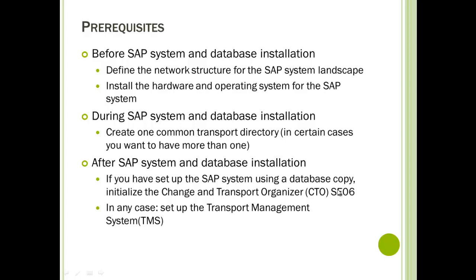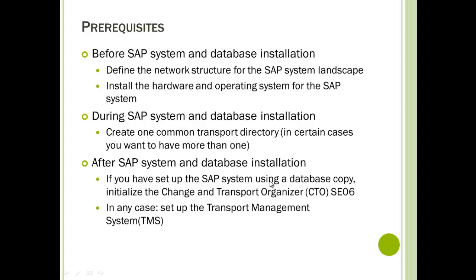The option is basically that you can initialize the change transport organizer. You can initialize the TMS system, meaning to say, let's say you copied the SAP system from one SAP system to another SAP system. So the configuration of STMS can be different from one landscape to another, or you are making a copy of the system and creating another system name.